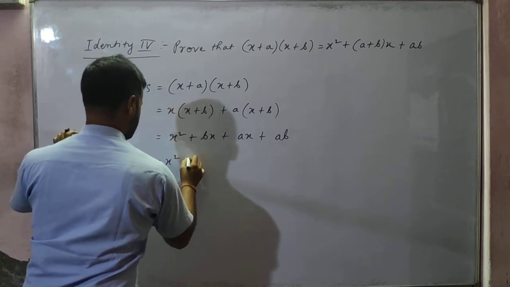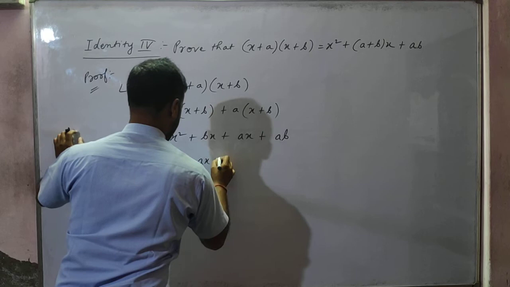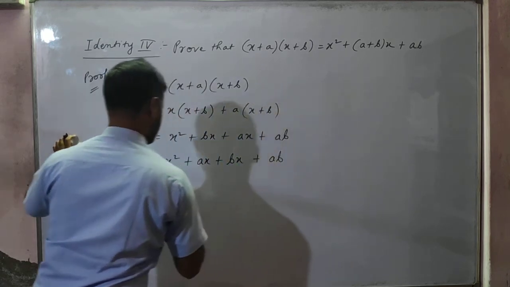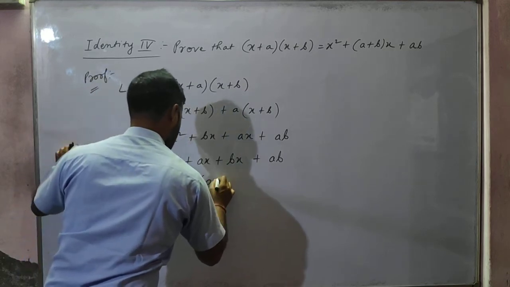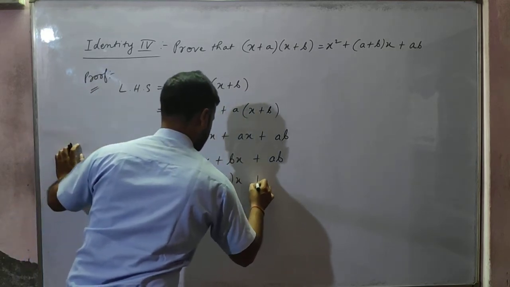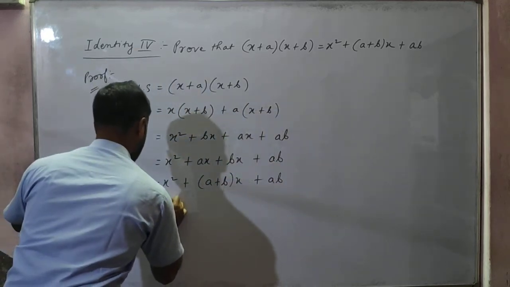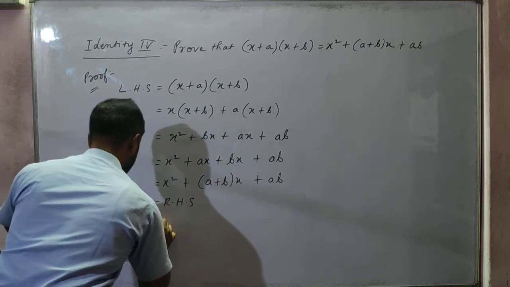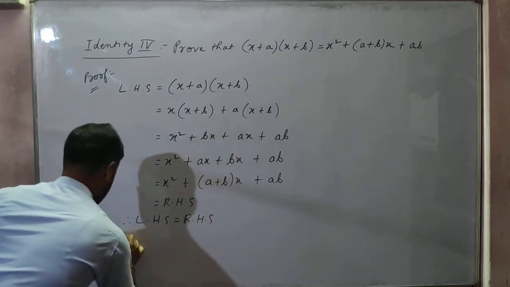So that means x square plus ax plus bx plus ab. So x square plus a plus b x plus ab, that is equal to RHS. Therefore LHS is equal to RHS.